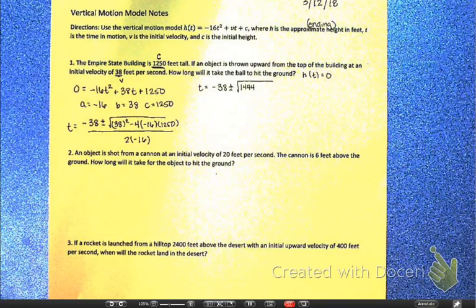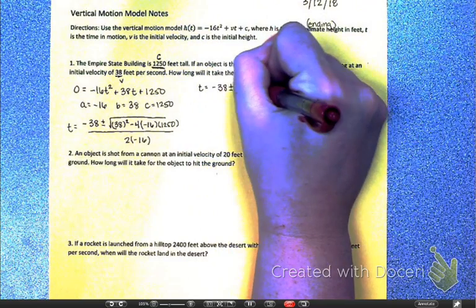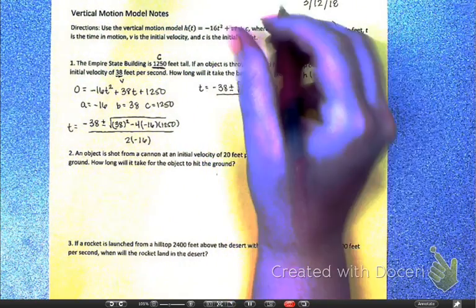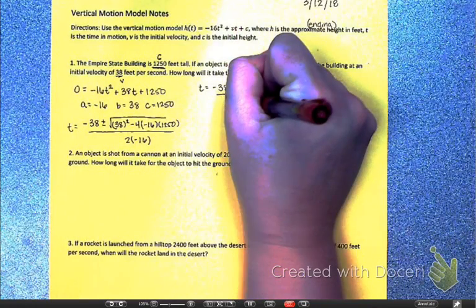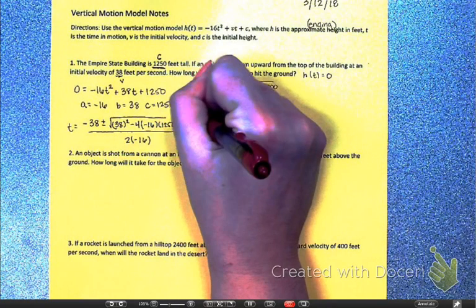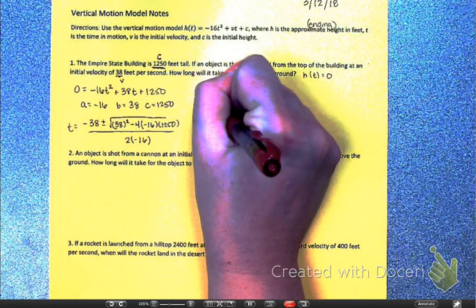What'd you get there? 80,000, all over negative 32. Right? Okay, so T equals negative 38 plus or minus, when I add 80,000 and 1444, I get 81,444 all over negative 32, which is where you guys were not having trouble, right? You could get that far.